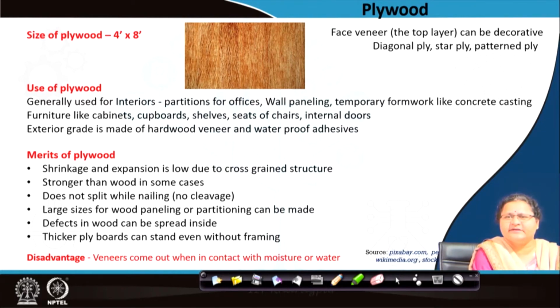Good quality adhesive and proper lipping or sealing of the edges would give plywood a life of around 10 years, which is almost comparable with wood. Yes, interior uses are much preferred. You can even go for joinery in case of plywood, which we had discussed while we covered wood.